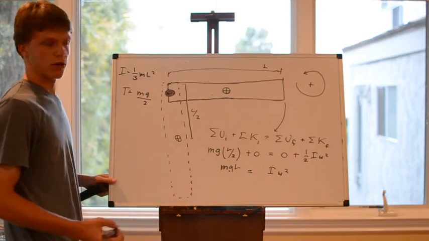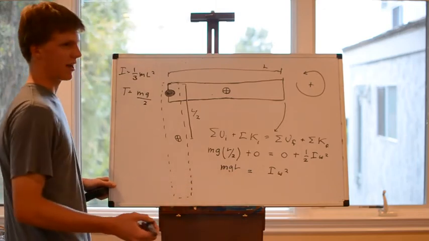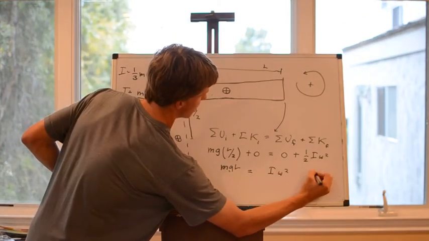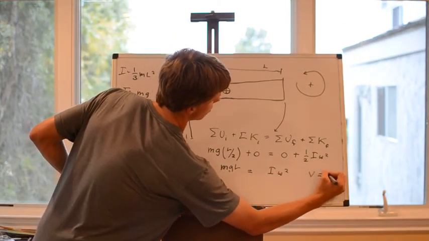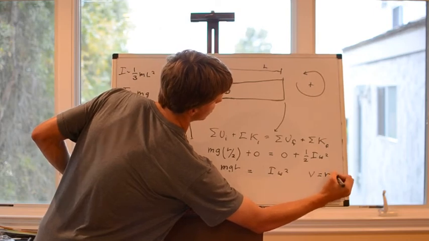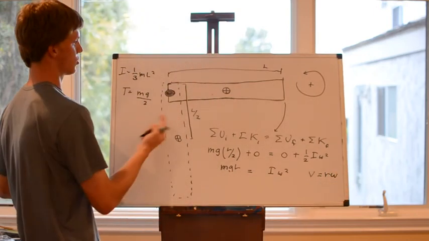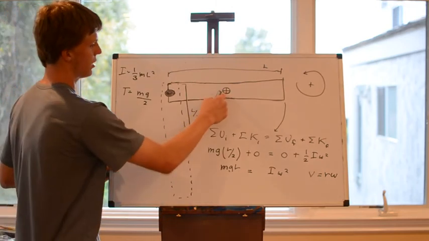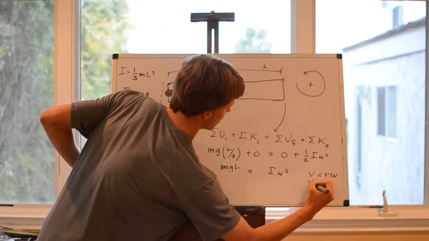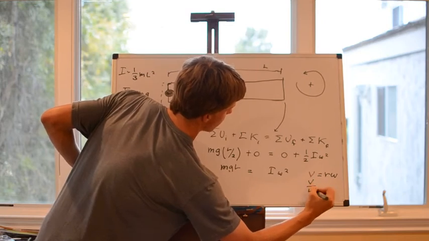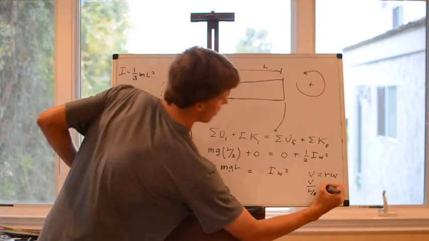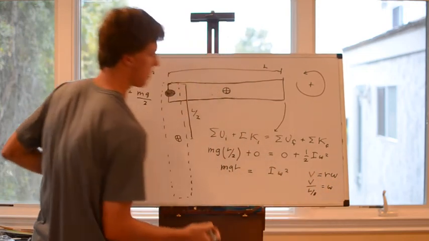Now what we know from kinematics and our relations with rotation is that velocity is equal to radius times omega. And now since we're solving for the velocity of the center of mass, at this point it's going to be velocity divided by L over 2, considering that's the distance of the center of mass from the pivot point, is equal to omega.